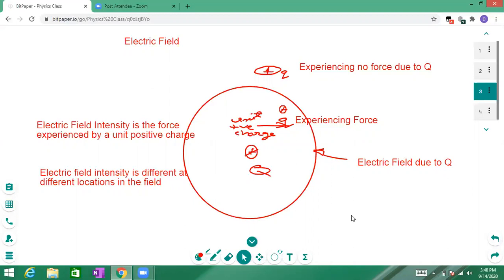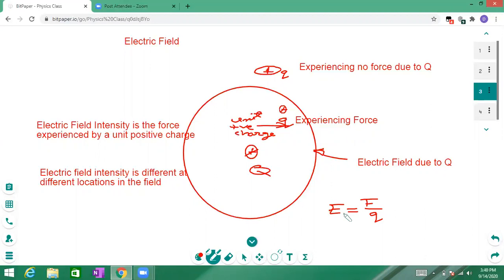So the mathematical expression of electric field will be E equal to F divided by q, where F is the electrostatic force acting on the charge small q, and small q is the magnitude of the charge.